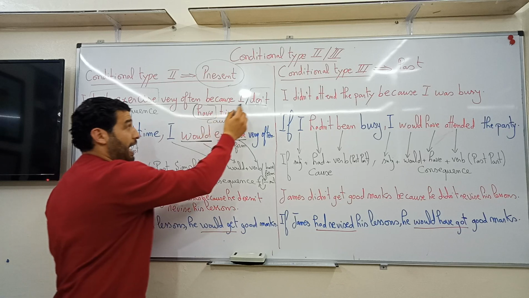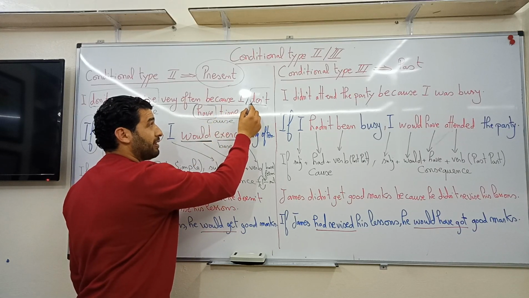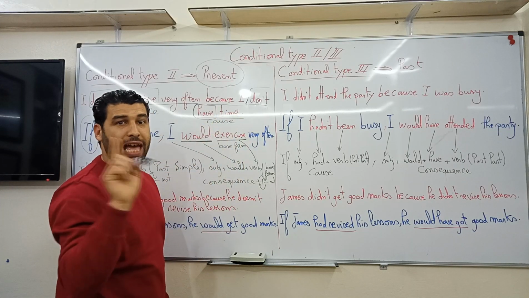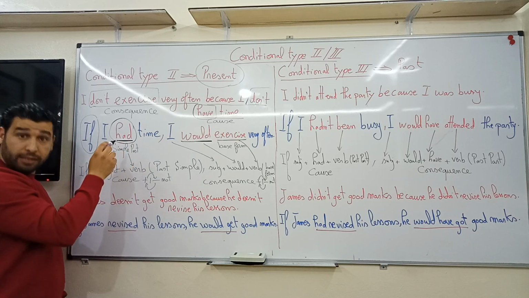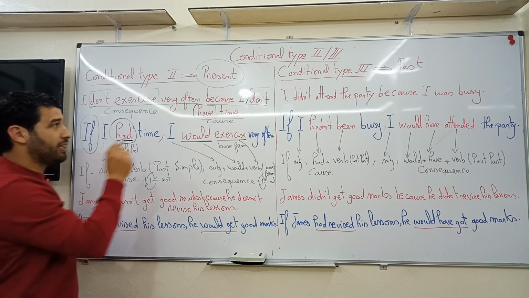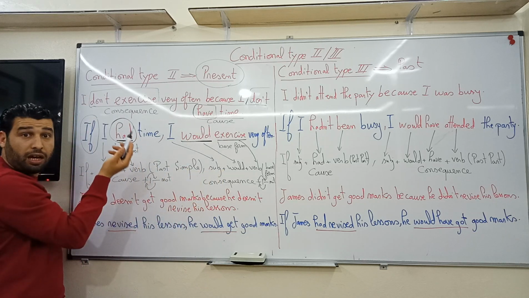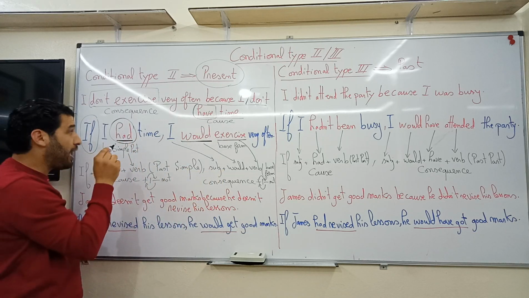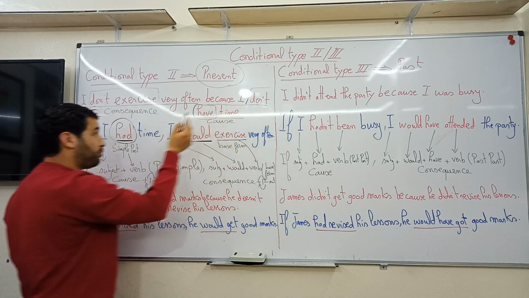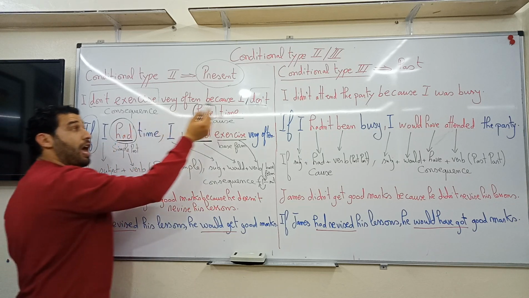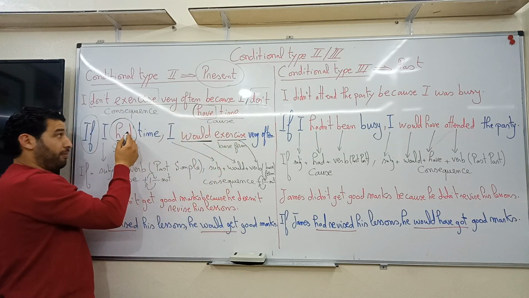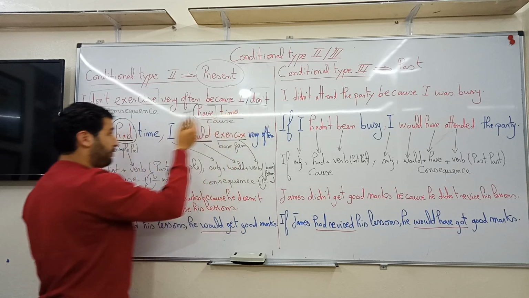But wait, "I don't have time" is negative, while "if I had time" is affirmative. So basically we change simple present to simple past, and negative to affirmative or affirmative to negative.